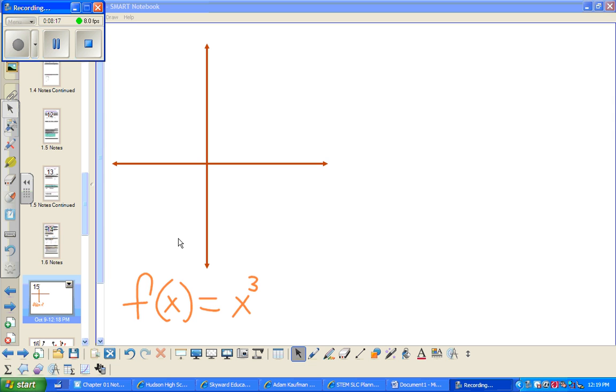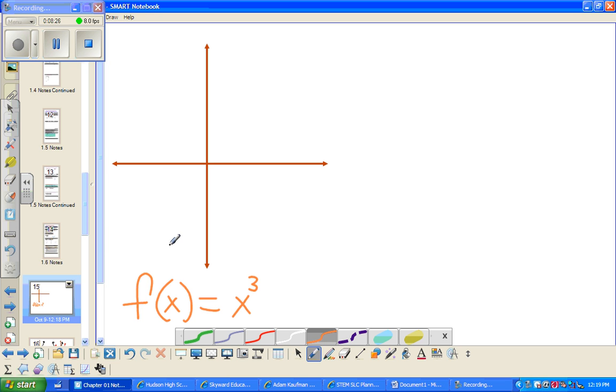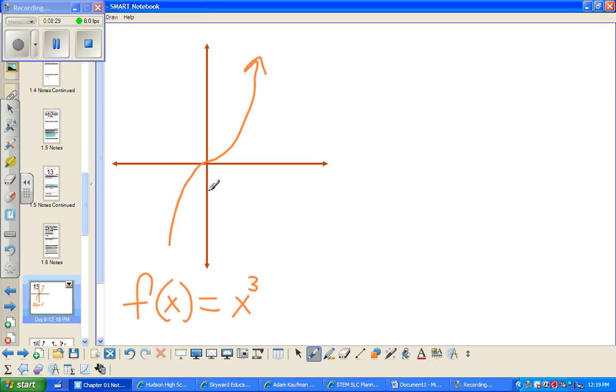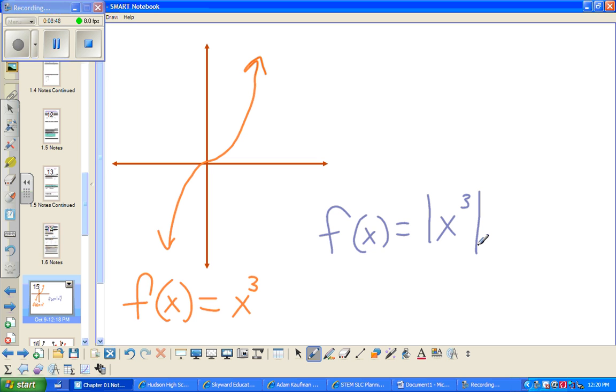For example, if we take f of x equals x cubed, our graph looks something like this, where if we take the graph f of x equals the absolute value of x cubed, we simply would take the original function, and anything below the x-axis would reflect in the x-axis, resulting in this case in a familiar graph.